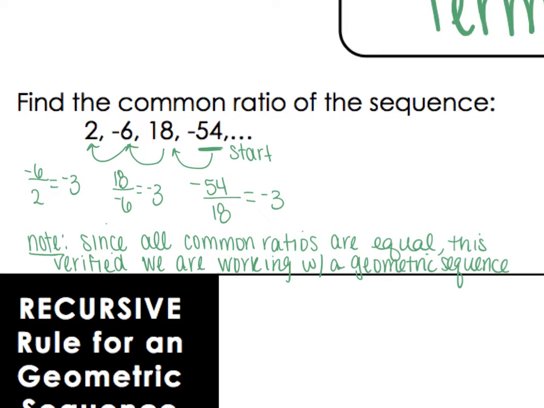Our common ratio was exactly the same no matter what pairings I looked at. It was always negative 3. So we're able to say r equals negative 3.